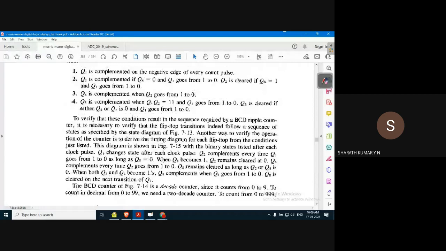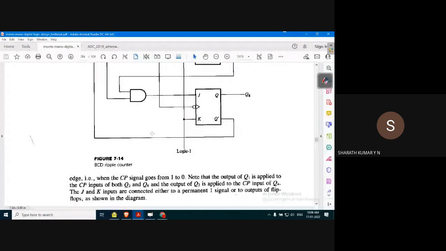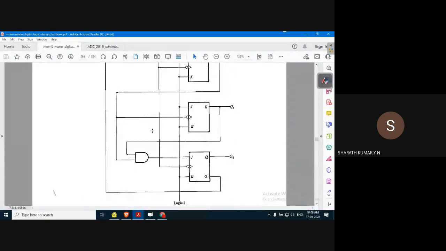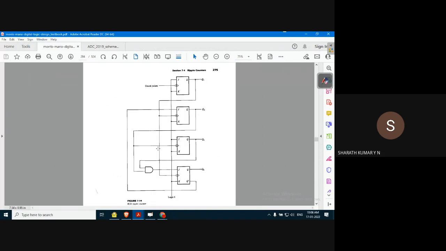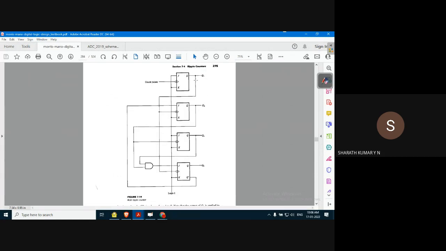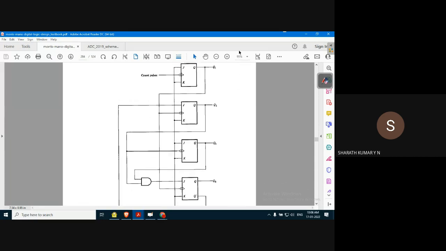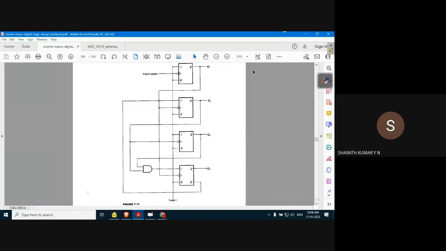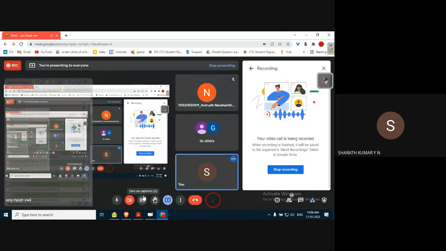So in this case, we understood that the binary ripple counter is converted into what is known as a BCD ripple counter. The clock pulse is applied only to the first flip flop. Clock pulse will be applied only to one of the four flip flops.